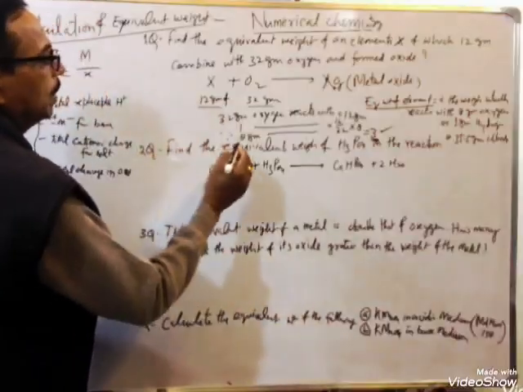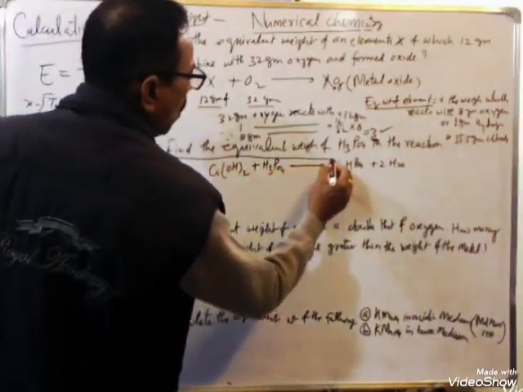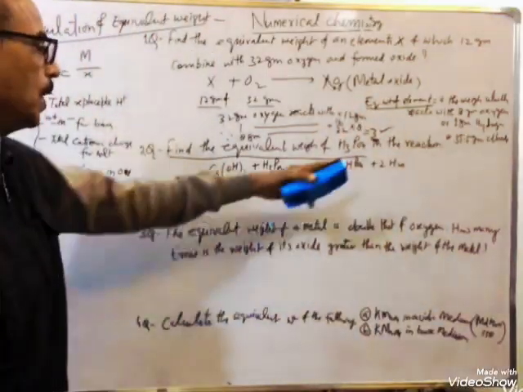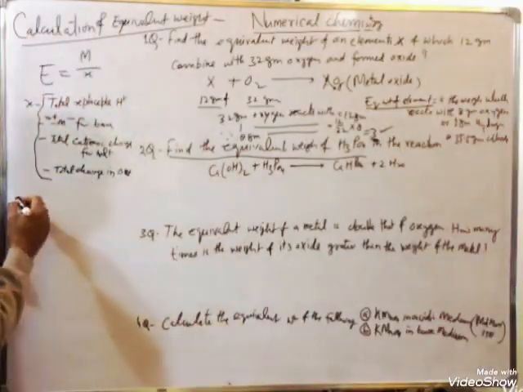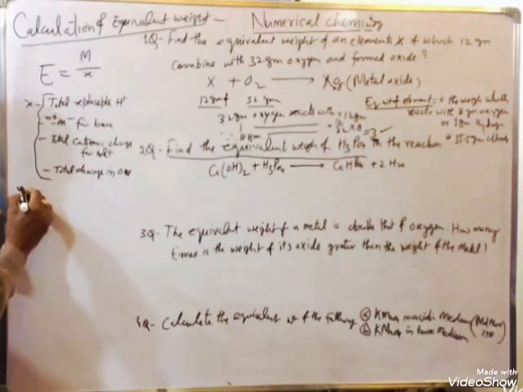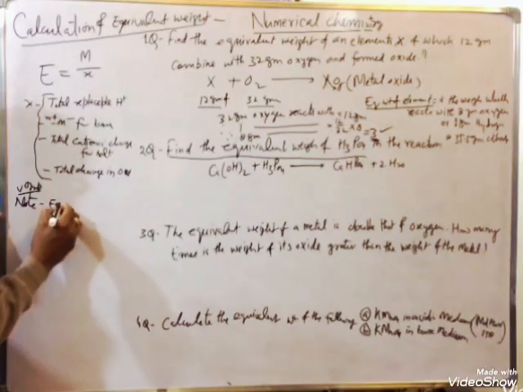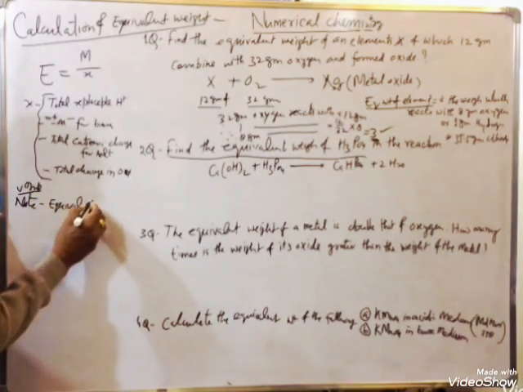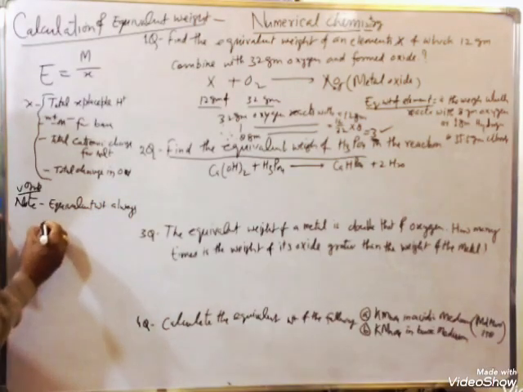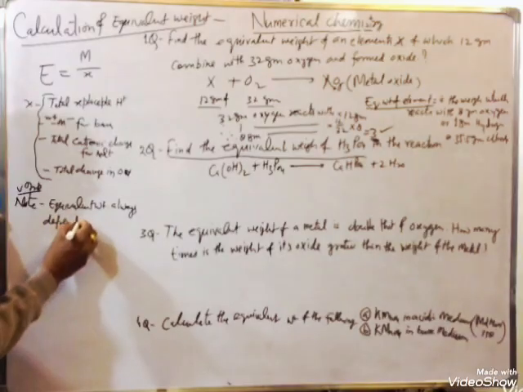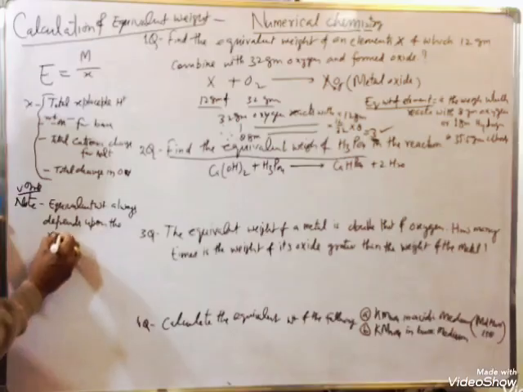Now we see the second question. Find the equivalent weight of orthophosphoric acid in the reaction. One thing you note down, very important: equivalent weight always depends upon the reaction.